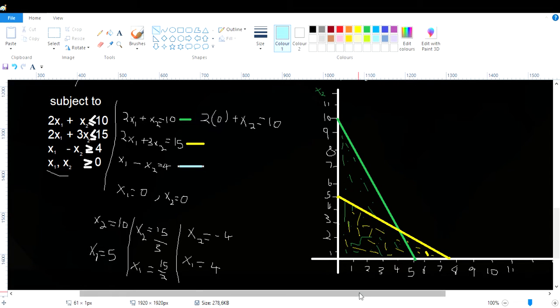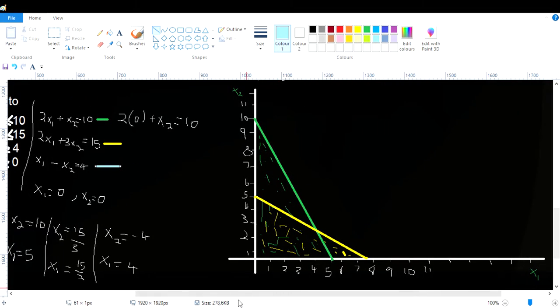So we know that our line starts somewhere, then it's going to cross here, then somewhere here. Then I'm going to use blue.